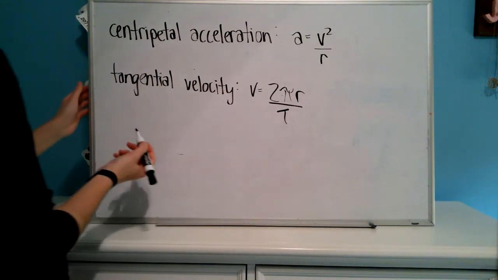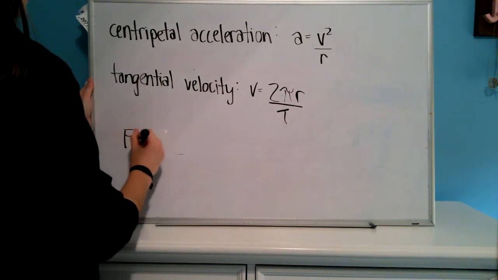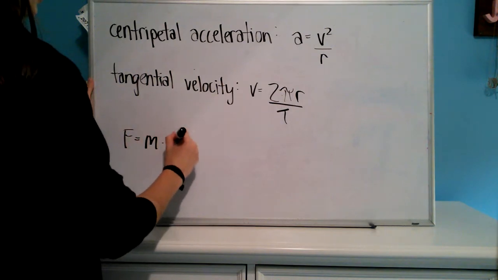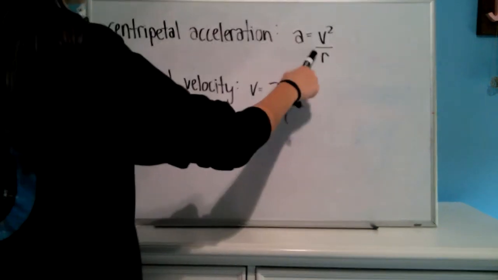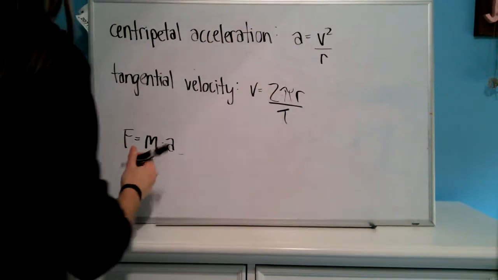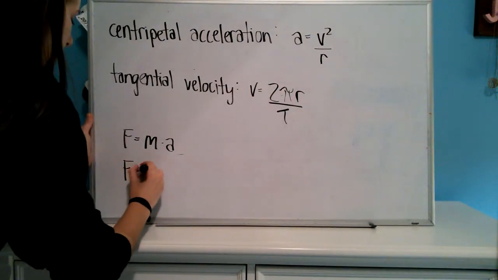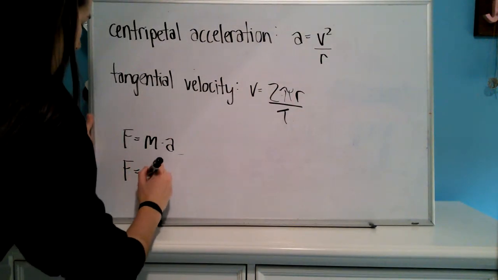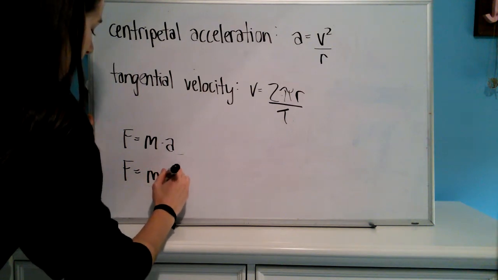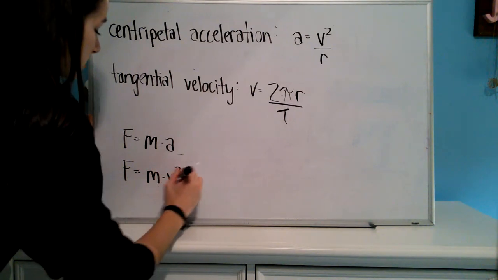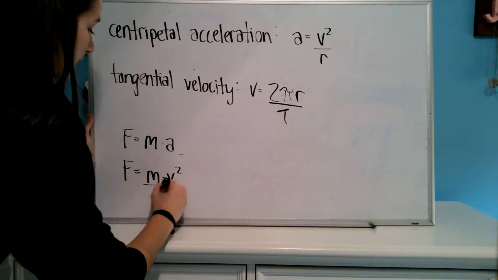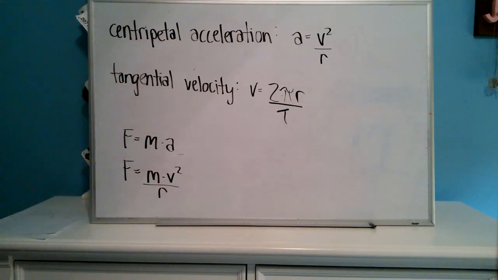So you know that your force is equal to mass times acceleration we talked about earlier. Well, you know what your acceleration is, so I'm just going to plug that in. So centripetal force is equal to mass times your tangential velocity squared over your radius. And that is your equation for centripetal force.